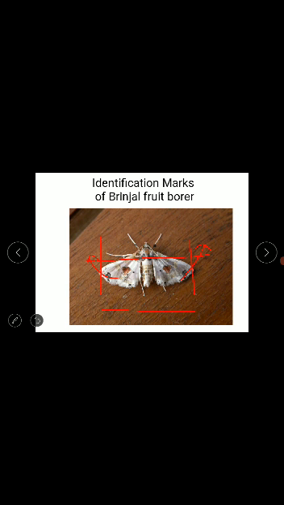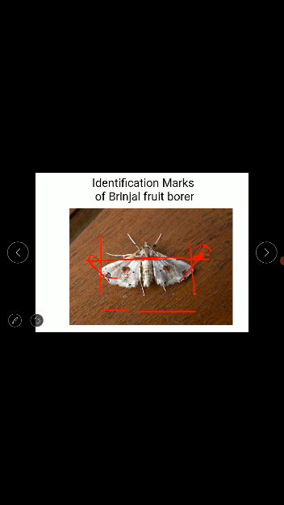So here the forewings and hind wings we are able to observe, but actually these wings are not spread. When we spread the wings, the length observed from left to right is about 20 mm. The head and the thorax are blackish brown in color, and the wings are white, and they are provided with small hairs.